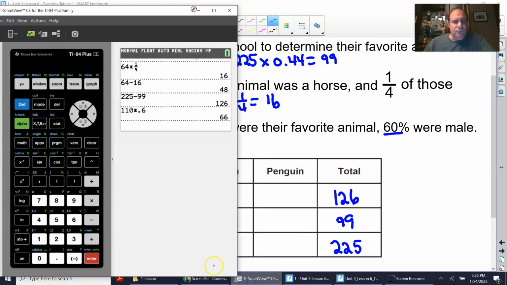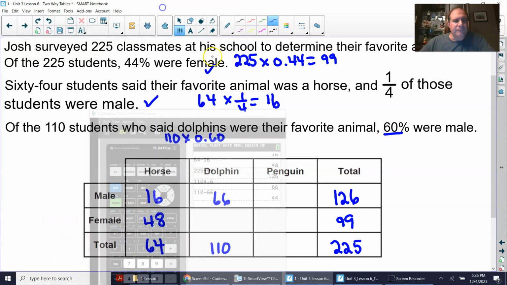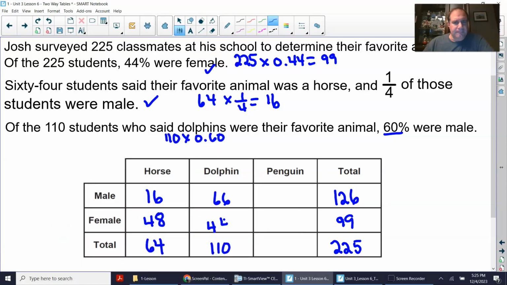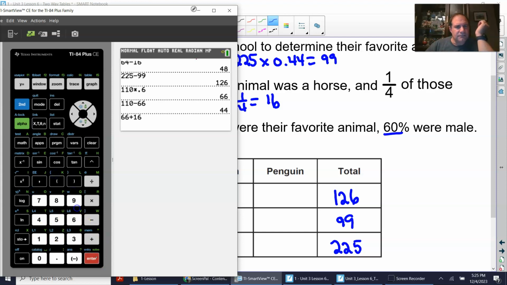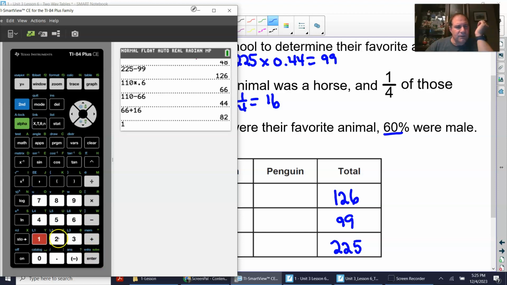So I'm just going to do some quick subtraction. 110 minus 66 is 44. Then I have to add these two numbers and then subtract from 126 to get the penguin. Yeah, that's it. So 66 plus 16 would be 82. Then I take 126 minus the 82 and you get 44.